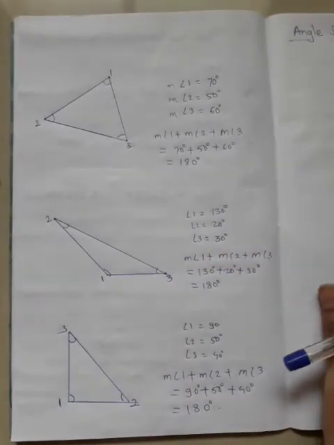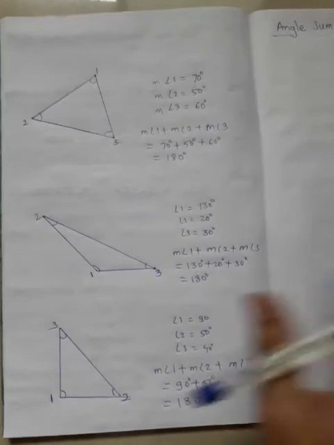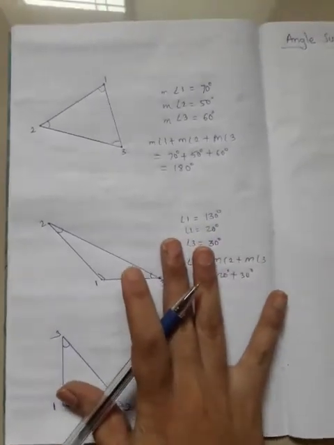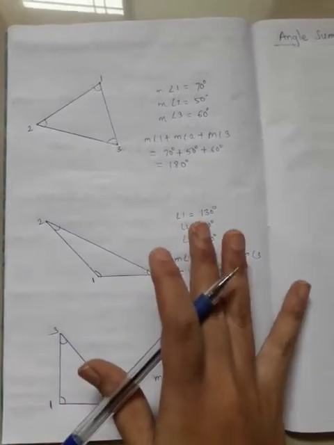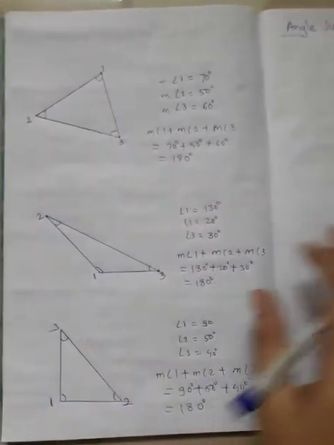Now you are ready to give some formal justification for our answer, that the sum of the measures of the three angles is always 180.